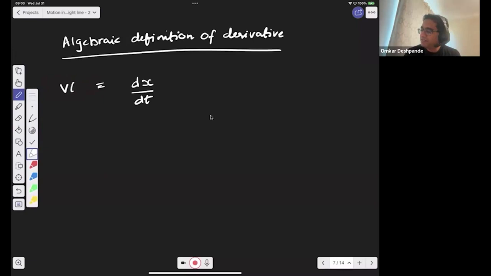Sometimes you will see it written as v of t is the derivative of x of t, or d by dt of x of t. These are all just different ways of denoting the same thing.